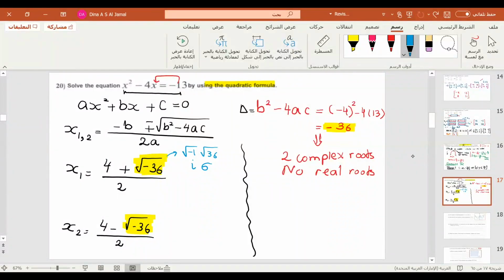Okay, so if you would like to modify it, it will be 6i, and then you can solve directly, whether you're using your calculator or as I just demonstrated. So your final answer of the first one will be 2 plus 3i. Your other answer will be 2 minus 3i. Great.